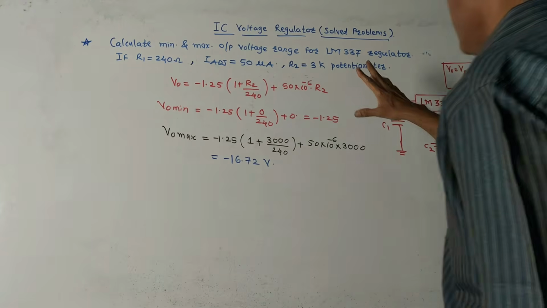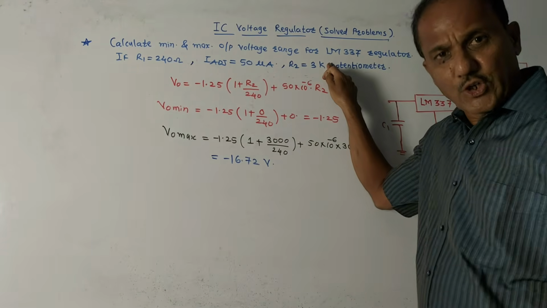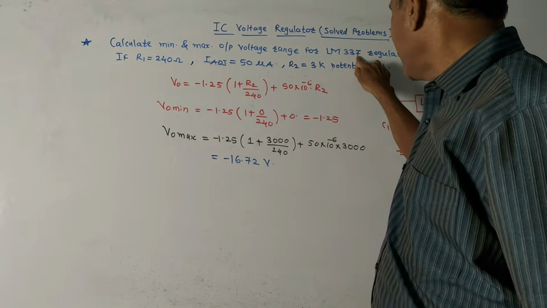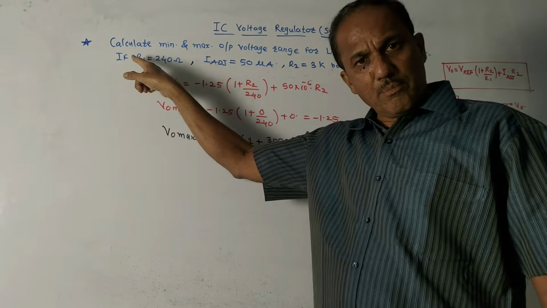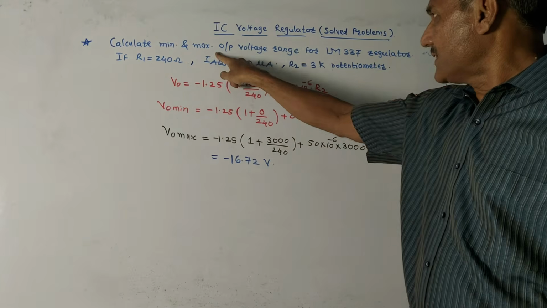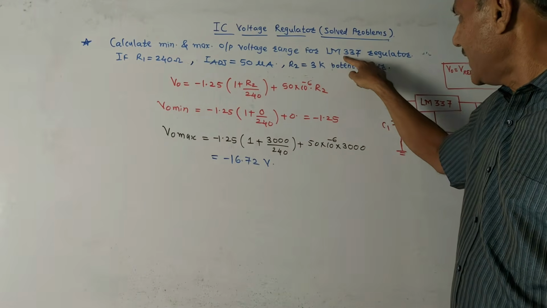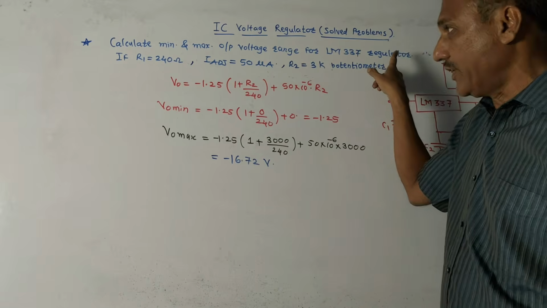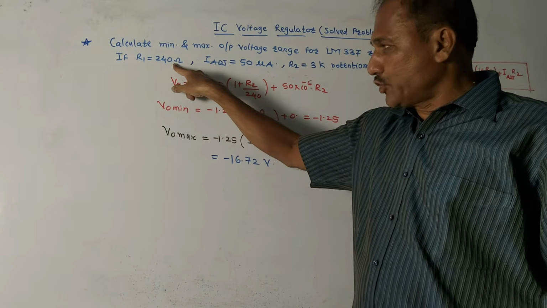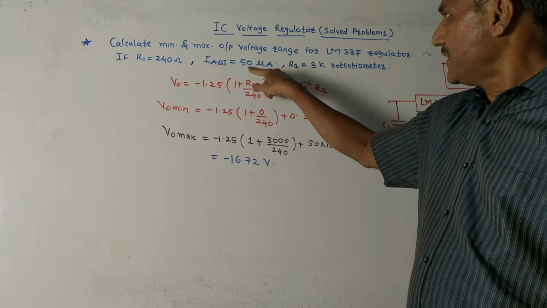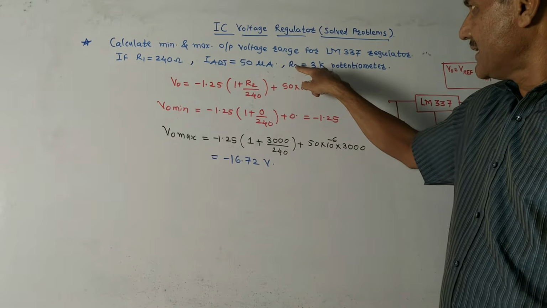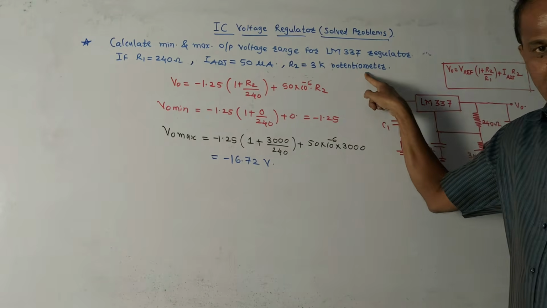Now let us solve one numerical related to the negative voltage regulator, that is LM337. The given problem is: calculate the minimum and maximum output voltage range for the LM337 voltage regulator, if R1 is 240 ohm, I adjustment is 50 microamperes, and R2 is a 3K potentiometer.